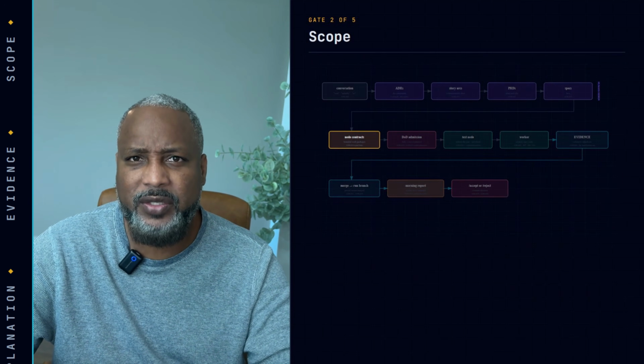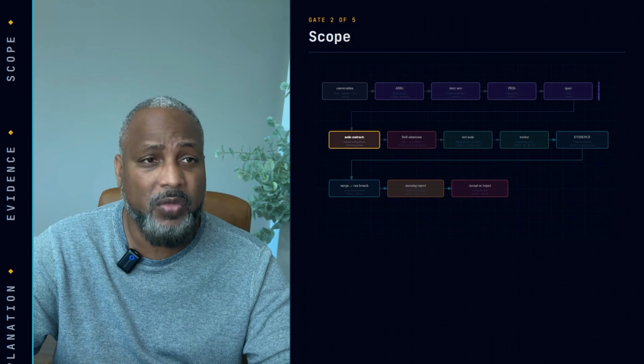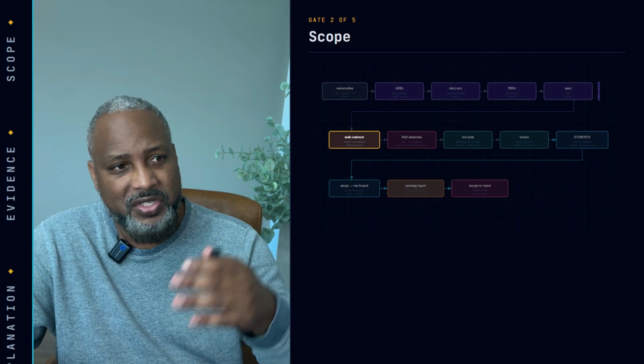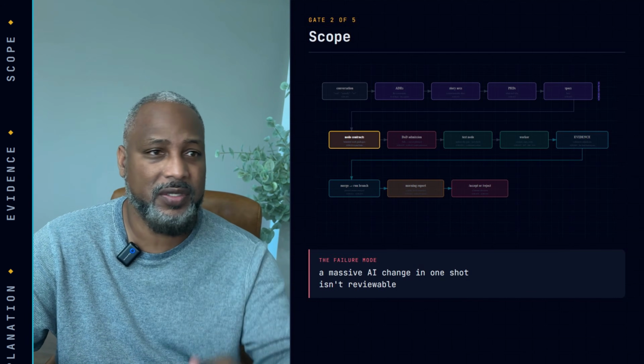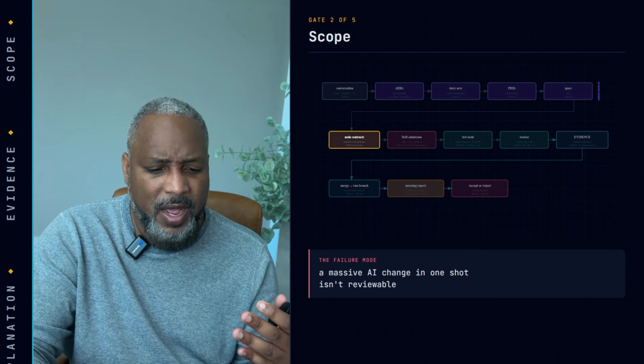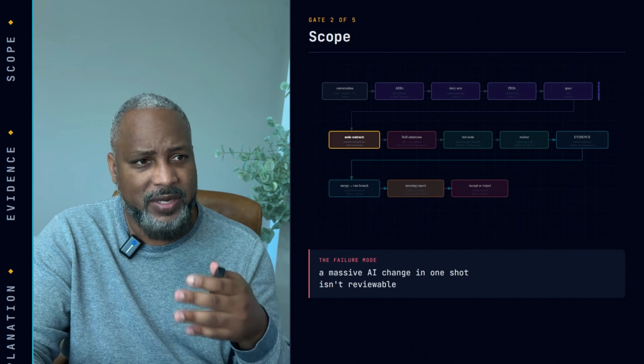So gate 2 is going to be the scope. This is where most AI workflows are going to fall apart. AI can generate a massive amount of changes in one shot. In my case, when a story gets created in my system, I bound it.